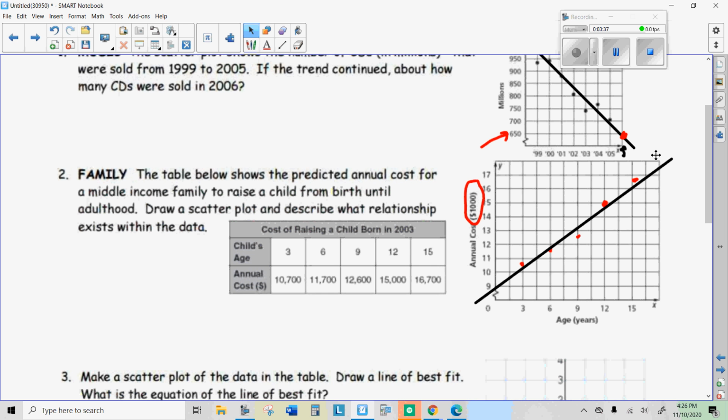Now, if you wanted to strengthen that data, you could actually put those points in your calculator and let your calculator come up with an equation of the line. So let's go ahead and do that just so we're practicing doing that. So I'll get my calculator out here.